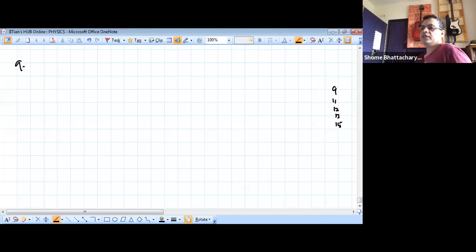You can see that on that 10 kg block, on a smooth horizontal surface, you are applying two forces like this.